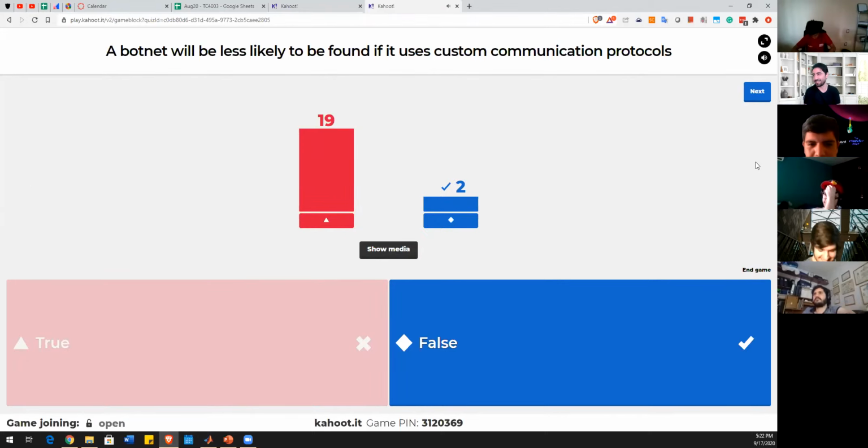This was the trickiest one. Actually, no, they won't be less likely to be detected if they use a custom communication protocol, because the weirder they behave, the easier it is for security companies to detect them. The more normal they behave, the harder to detect.